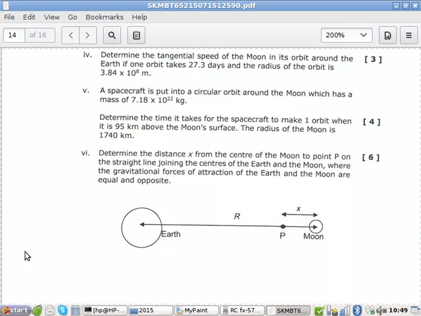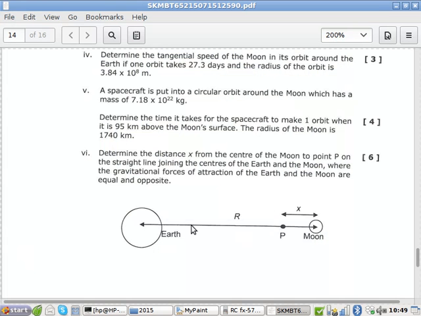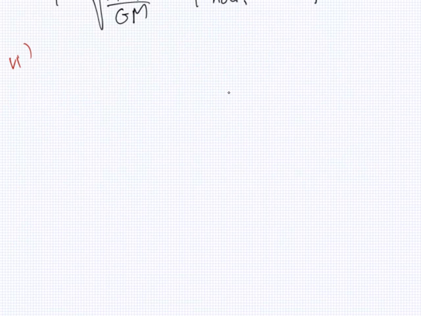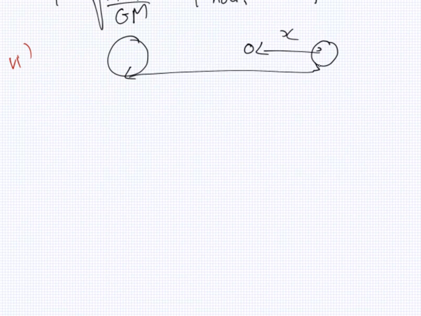Determine the distance from the centre of the moon to the point P. Now we did this one in class: when are the two forces balanced from the Earth and the moon? We'll do it quickly again, but it's 6 marks. There's the Earth, there's the moon, and they call this distance x, and we'll call this distance capital R. So this distance here to here is R minus x.